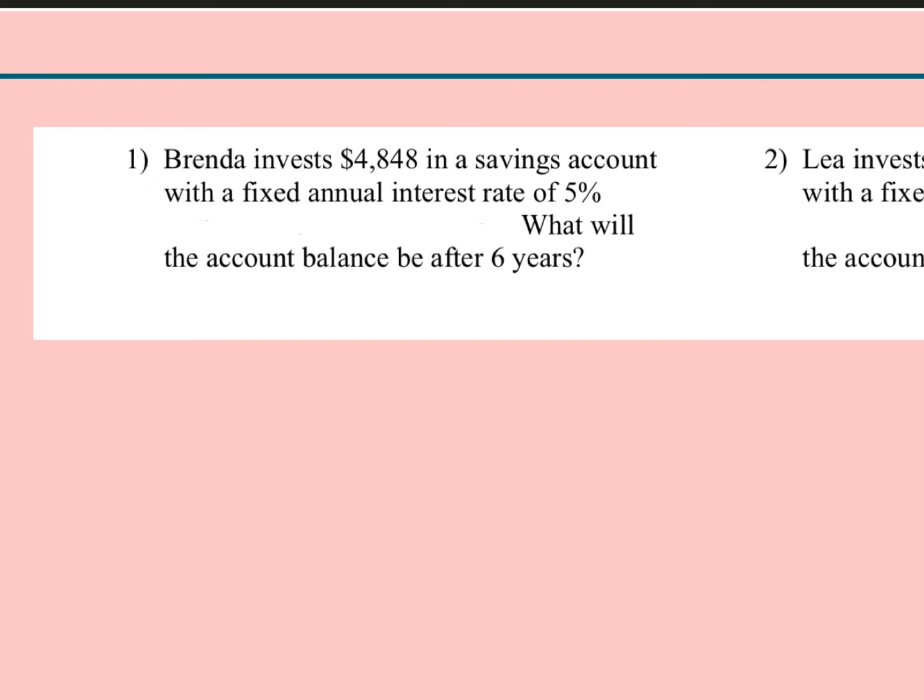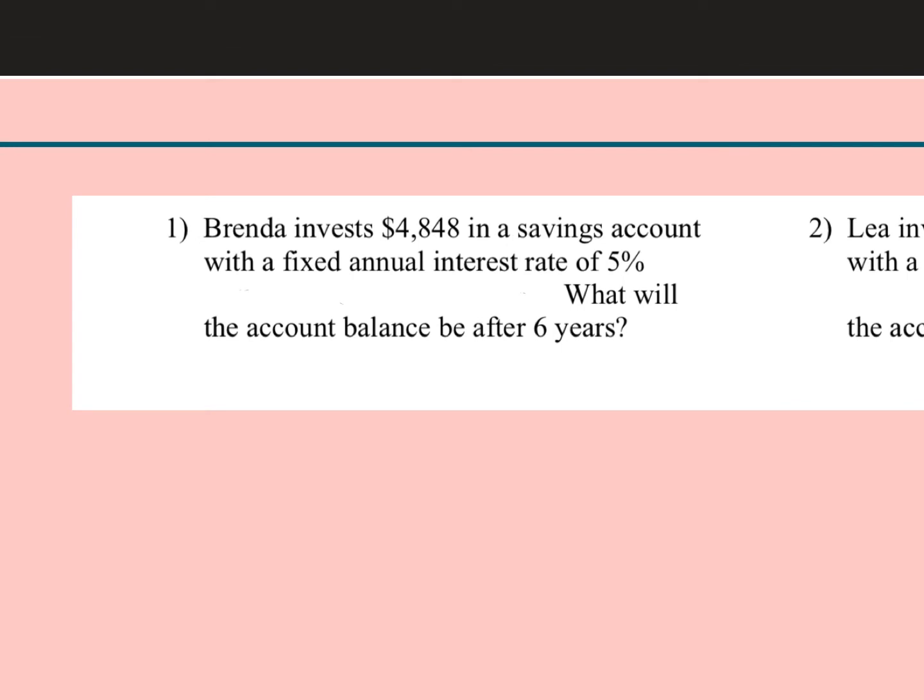Brenda invests $4,848 in a savings account with a fixed annual interest rate of 5%. What will the account balance be after 6 years? So again, our formula is A times 1 plus R to the power of T. So what's A? 4,848.